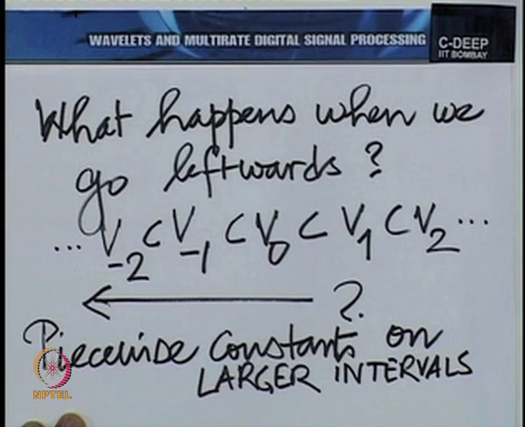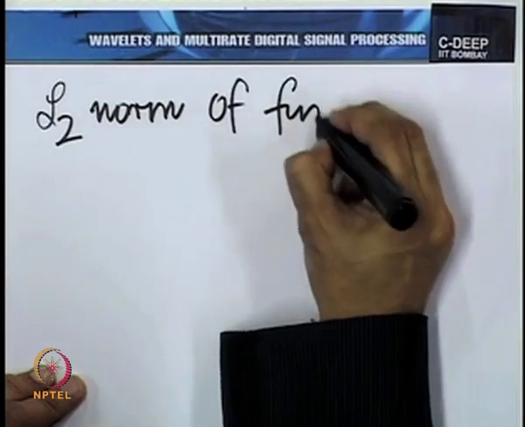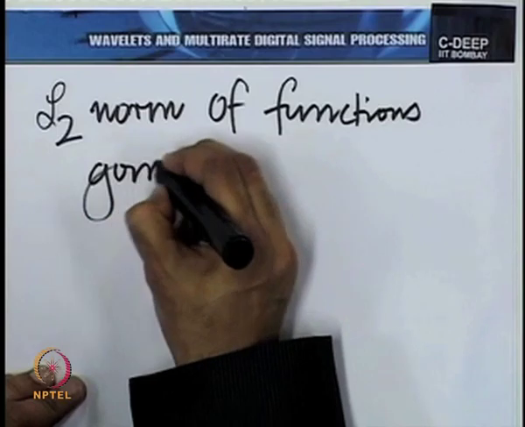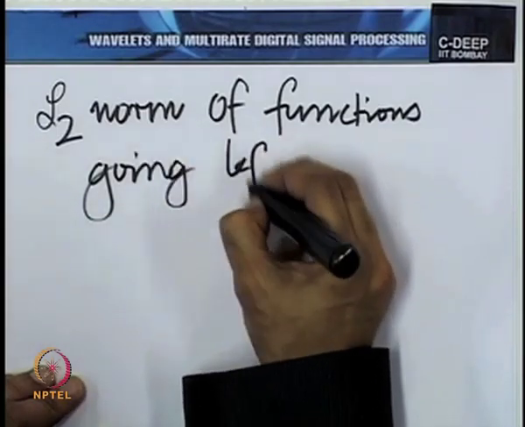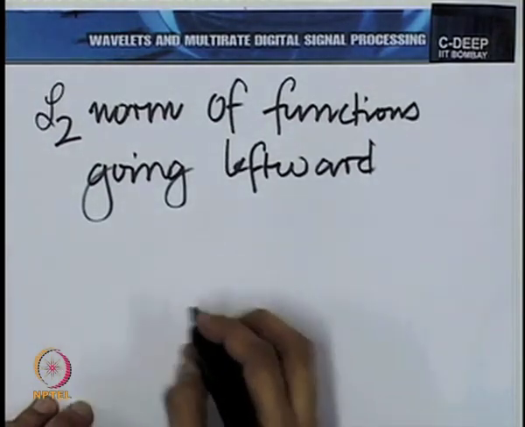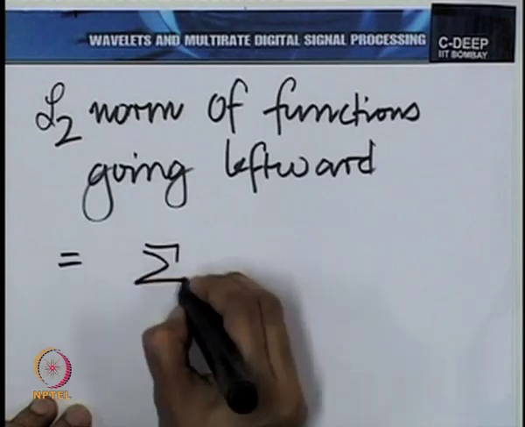Now, you see what is the L2 norm of functions as you go leftwards? What kind of a form will it have? It is going to have a form like this, summation on n.